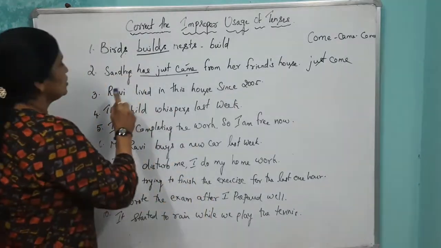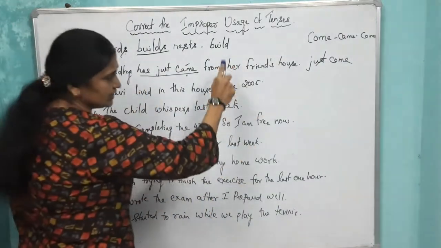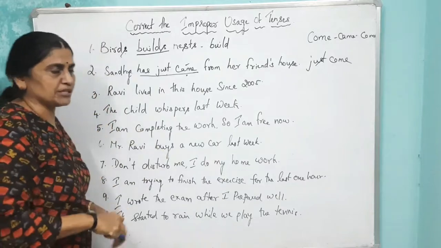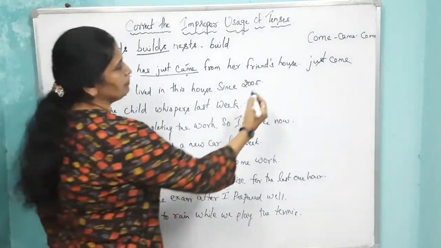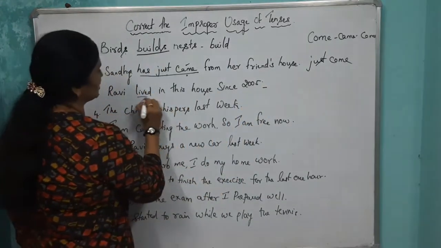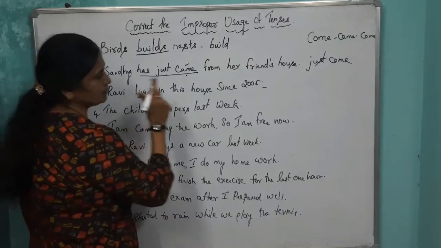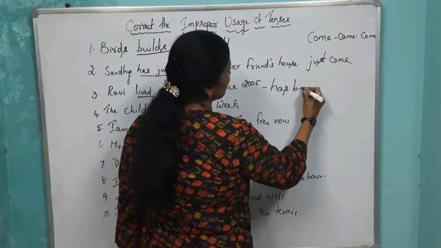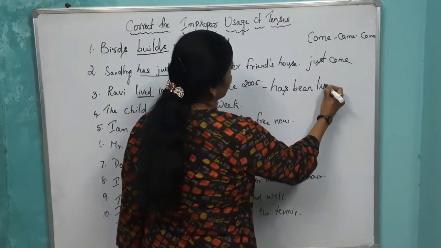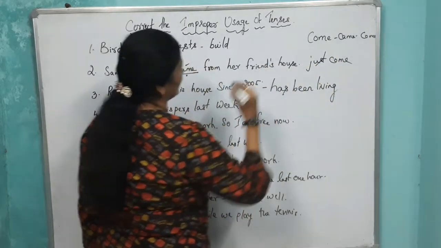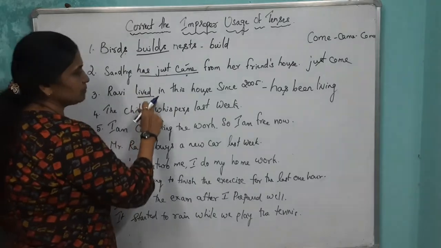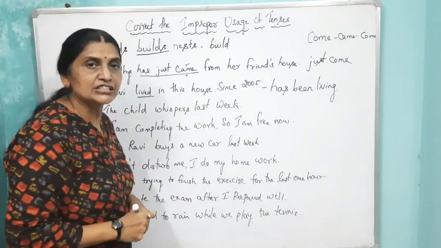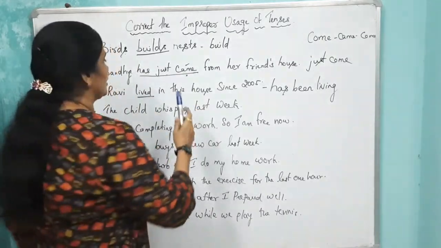When the activity started in the past and is going on in the present, you have to use present perfect tense. But the verb here is past tense. So you have to use has been living. Ravi has been living in this house since 2005.